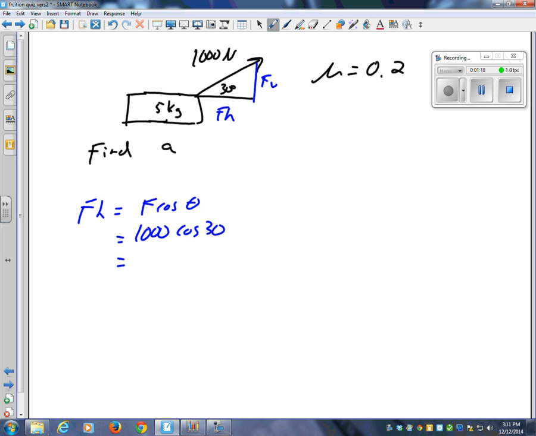I get 866. Is that what you get? That's newtons, right? That's horizontal component.